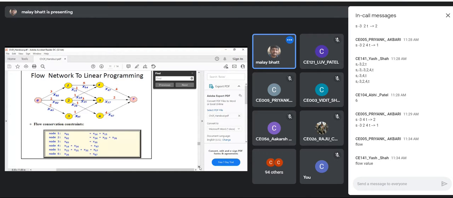For node 3, we'll write x03 equal to x35. Similarly, for node 4, 5, and 6, we can write. So for node 6, we are writing x26 equal to x67. That is for the node 6. So this is how we'll define the flow conservation constraint.